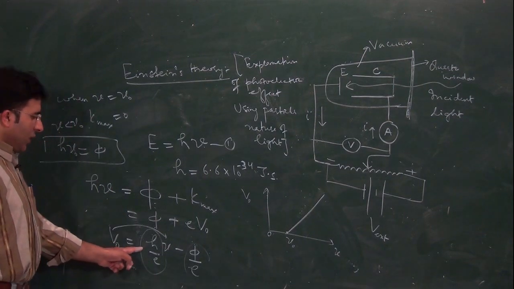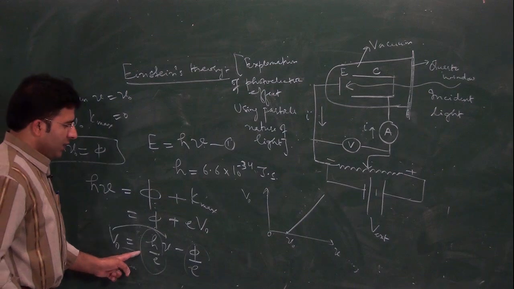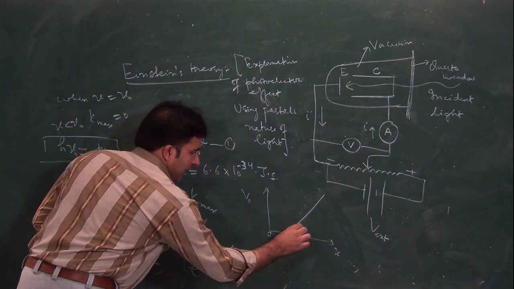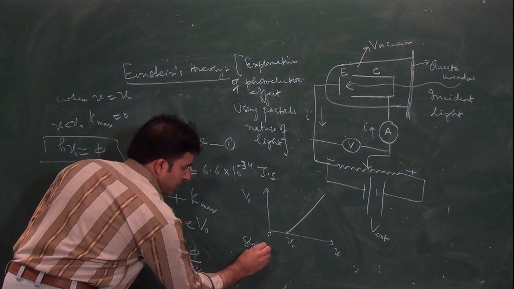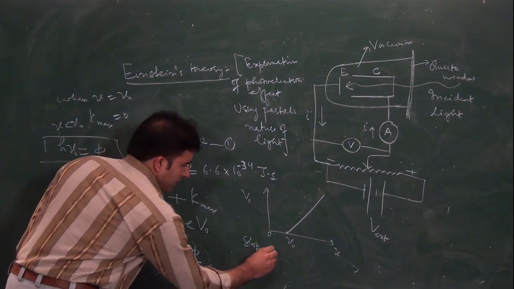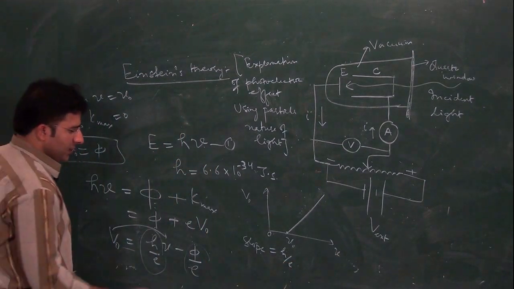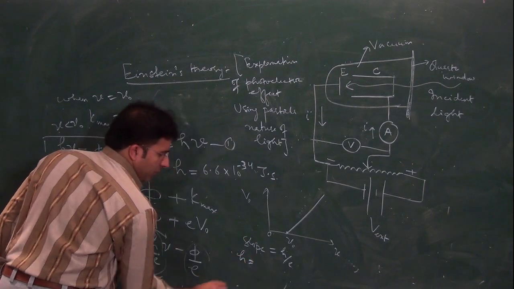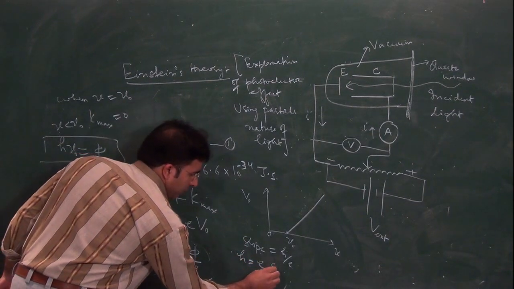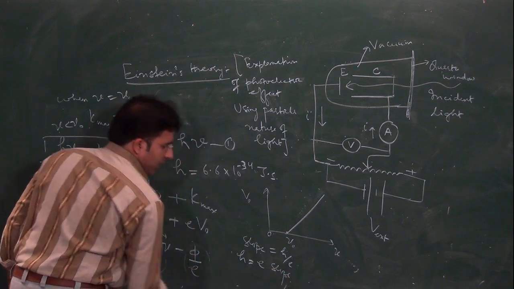And he said, according to my equation, the slope of the experimental curve must be h by e. That means the value of h you can obtain by multiplying the slope with e, the charge of the electron.